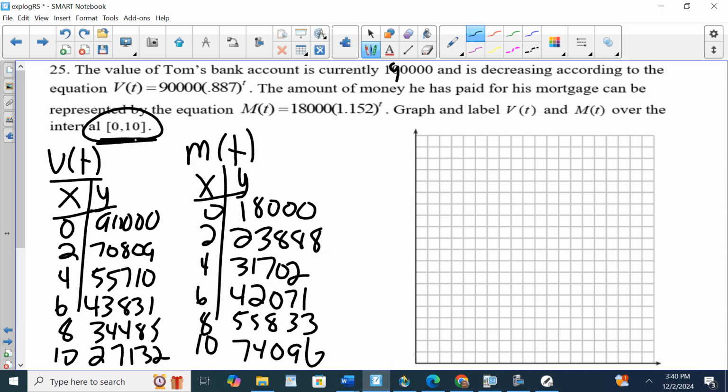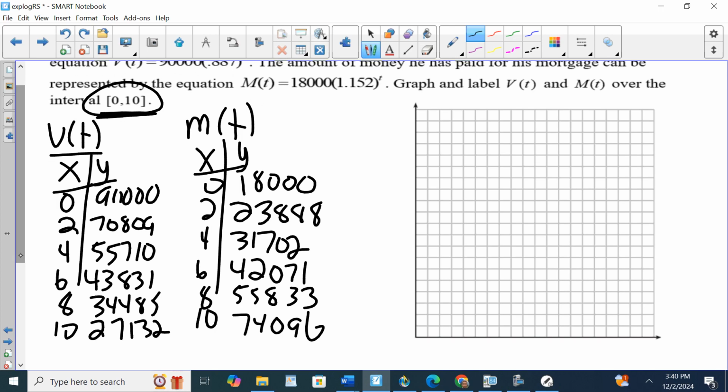I got to set my graph up. Because I have 20 boxes on my X, I'm just going to go every other box. So 0, 1, 2, 3, 4, 5, 6, 7, 8, 9, 10. Because my highest Y value is 90,000, you can kind of just guess and check numbers to come up with how much you want each box to be worth. I'm thinking every other box to be worth 10,000 would be perfect.